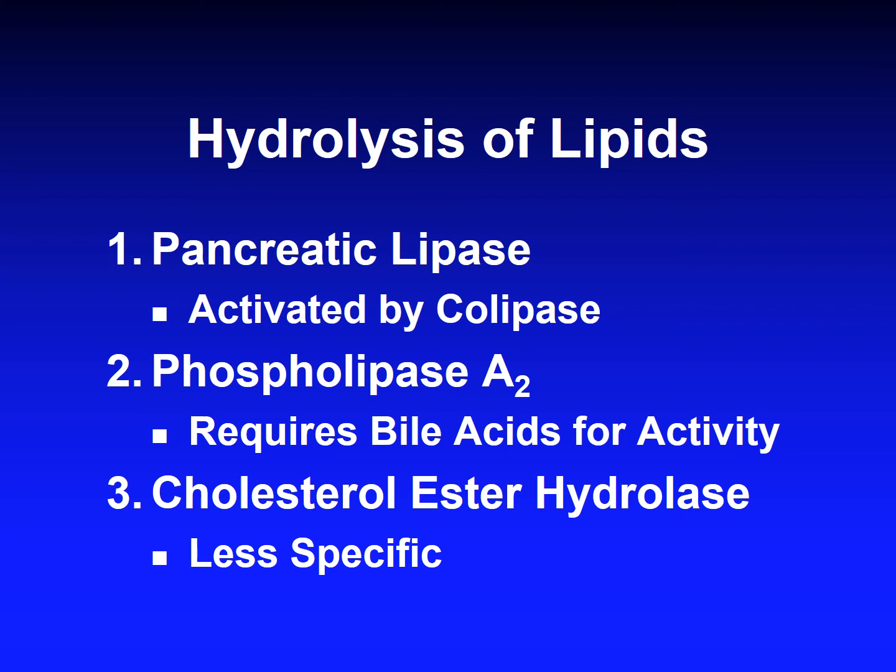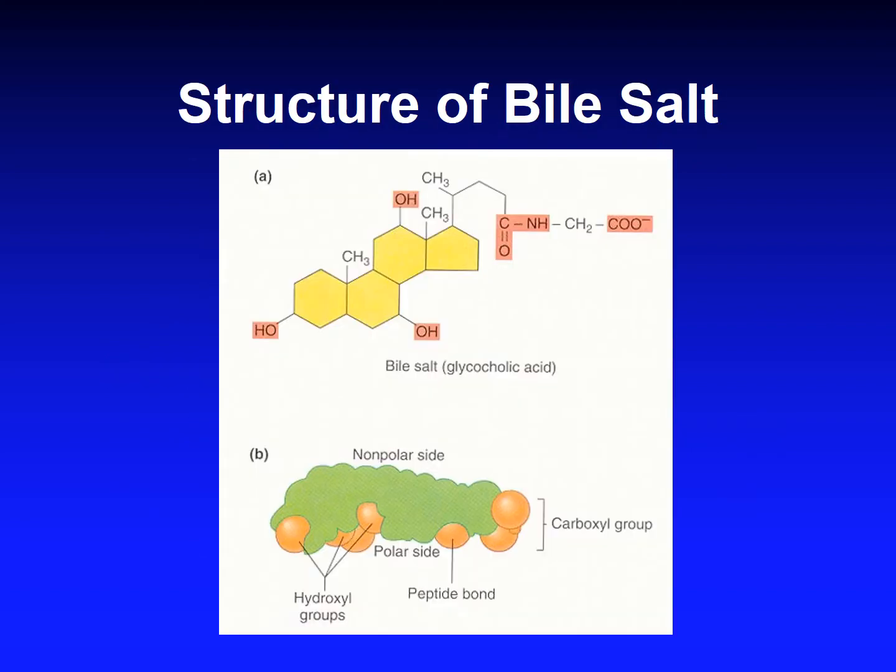Now, how does that happen? We showed this picture before about the shape and the structure of a bile acid. The upper picture showed the chemical structure, and the lower picture shows a cartoon drawing of what the bile salt or the bile acid looks like.